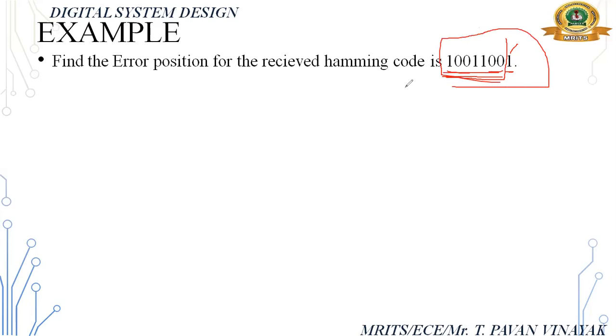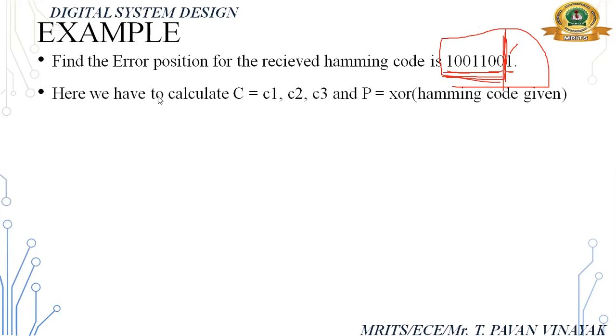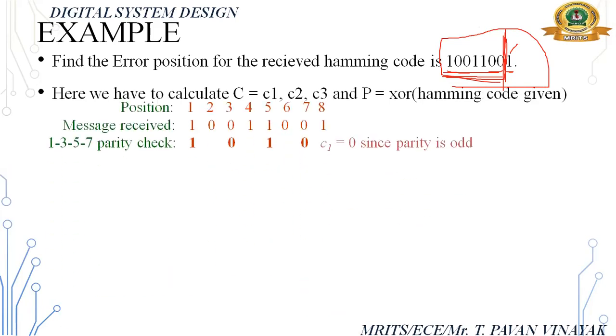You have to find out C1, C2, C3. Calculate C1, C2, C3 for up to this one only. C1 means positions 1, 3, 5, 7. C2 means 2, 3, 6, 7.